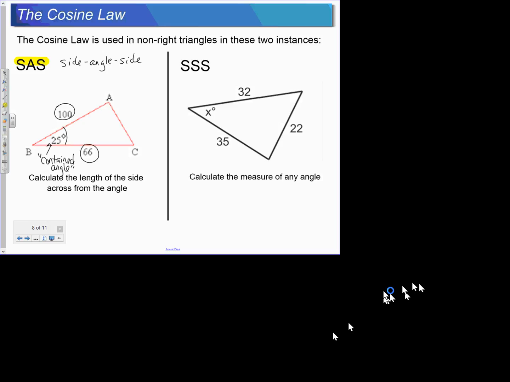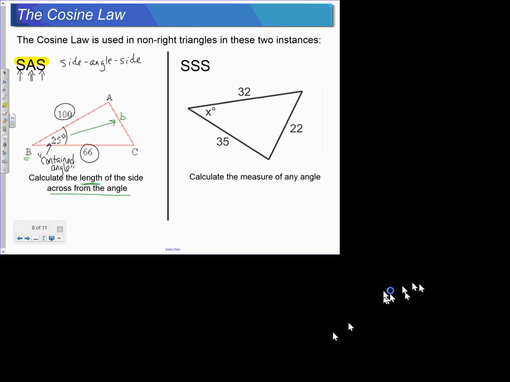So side, contained angle, side. And what is that useful for? Well, that can be used to calculate the length of the side across from the angle. So that is this side here. Given that it's vertex B, this would be side B.